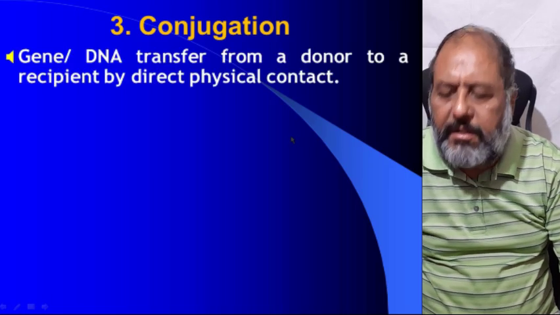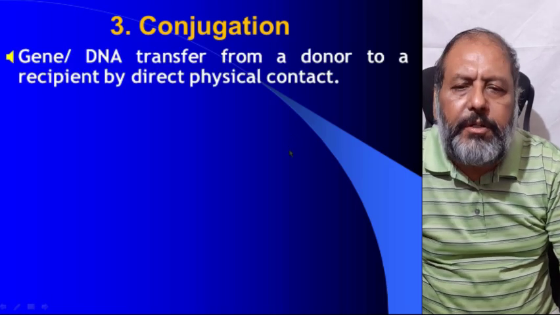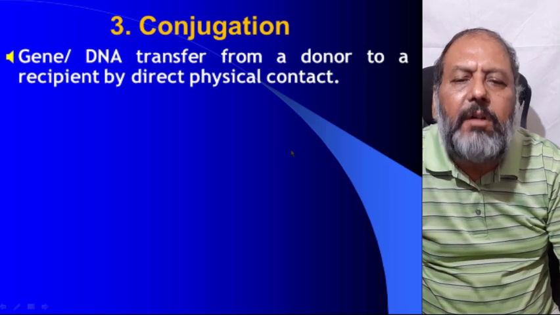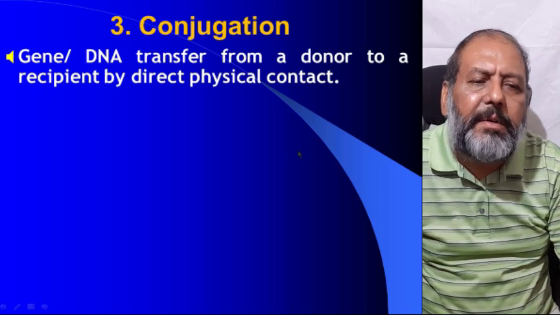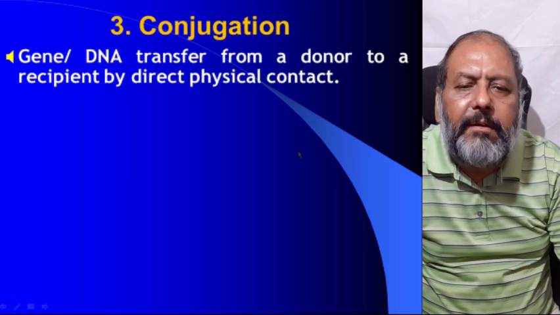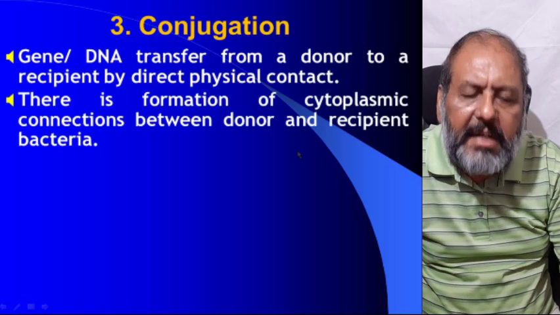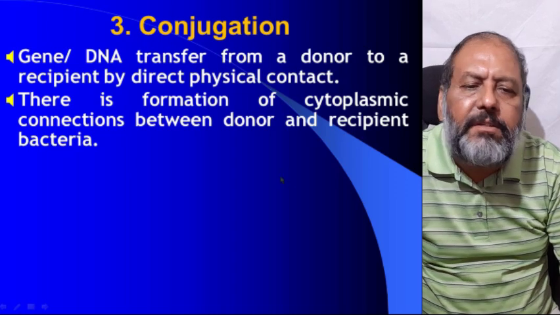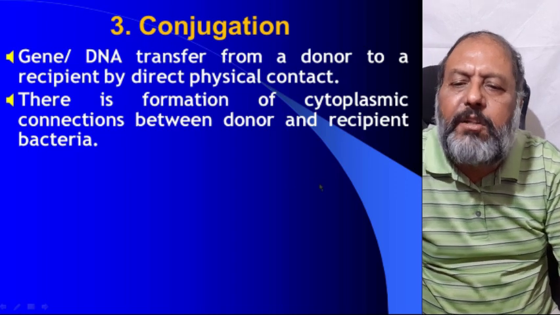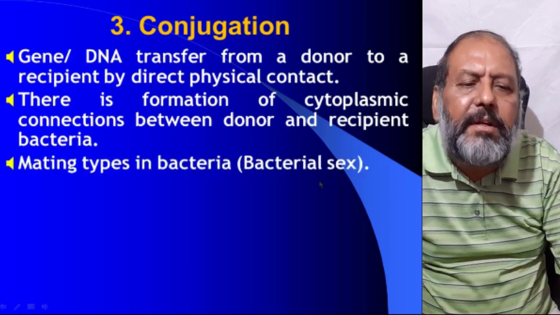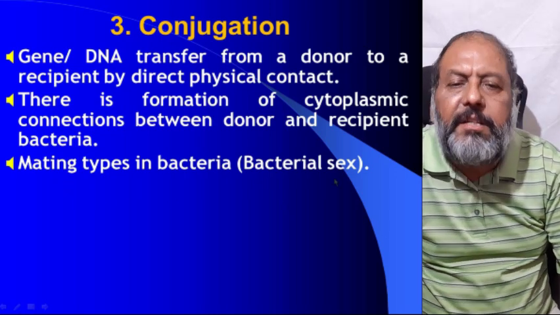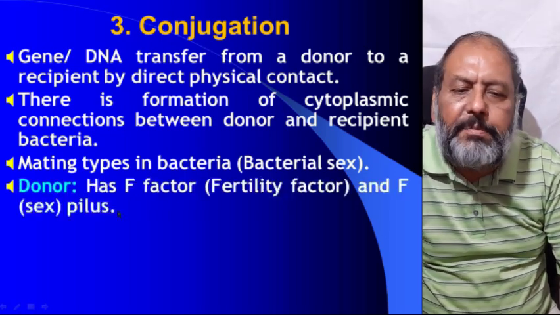The other process is conjugation. Here one can see the gene or DNA is transferred from a donor to a recipient by direct physical contact; that is called bacterial sex. There is formation of a cytoplasmic connection between the donor and the recipient bacteria, and these are called mating types in the bacteria.